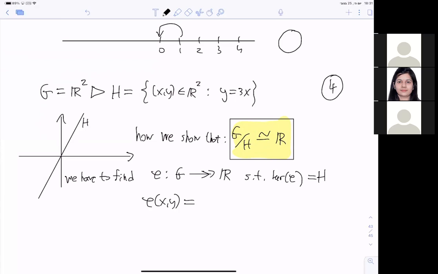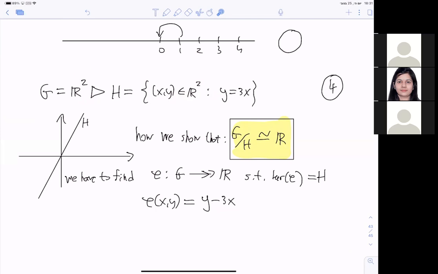So the epimorphism will be y minus 2x. The kernel of this phi is H. So our R2 modulo the kernel will be R. And what does it mean?